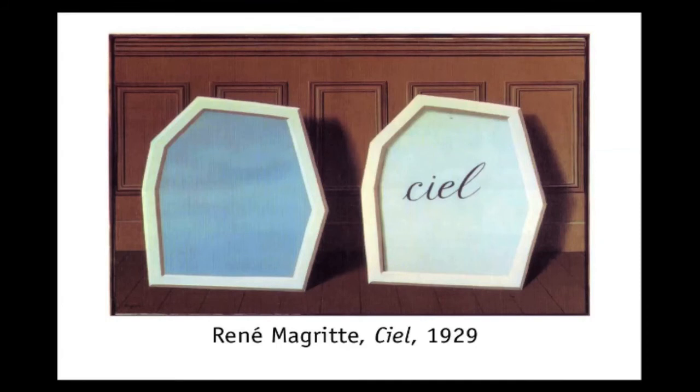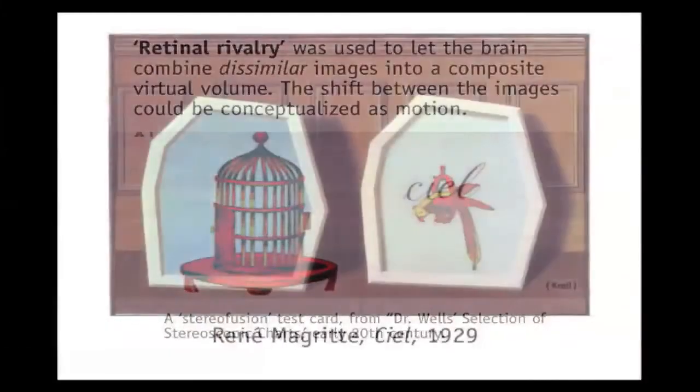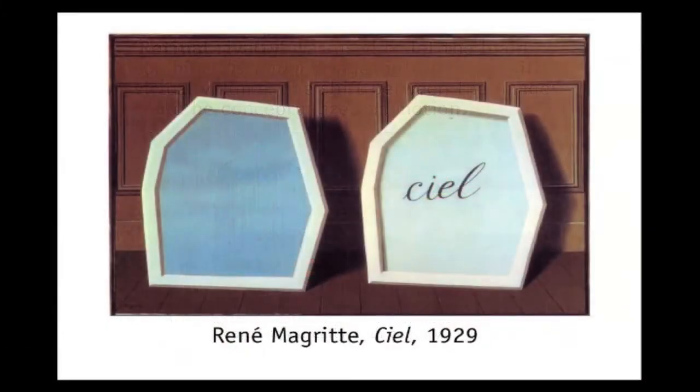But basically what Magritte seems to be doing here is taking his inspiration from those popular medical practices using stereoscopic imagery. And so what he's asking the viewer to do is something similar to what we see in this Dr. Wells's card.